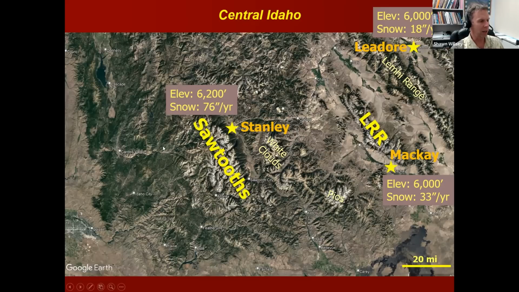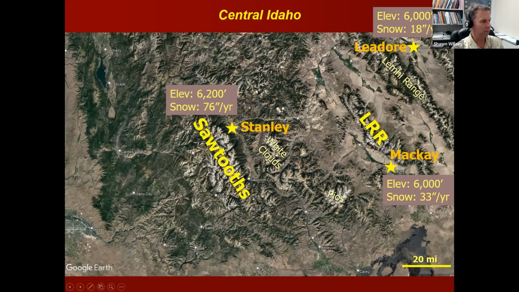So what we have then in central Idaho, and you really can see this just with the Google Earth image, look how green it is on the west side of the Sawtooths. And as you just move across this image, it gets brown really quick. The green is everywhere in the Sawtooths, except where it's white there in the high peaks with the rocks. But there's not a lot of green in these valleys here around the Lost River Range.